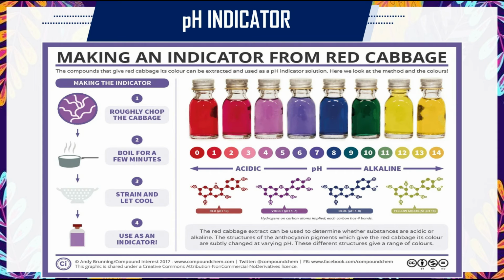Again, this is because the natural pH indicator contains the pigment called anthocyanin, whose chemical structure gives the red cabbage or sweet potato leaves its color. It changes depending on the varying pH levels.